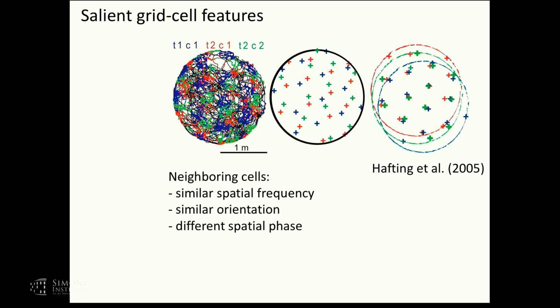If you mark the centers of the firing fields, in this case from these 3 cells with crosses, it's still a bit confusing. But if you move all green crosses and all blue crosses relative to the red crosses, you can get them in this shape, which means, as you had only moved them, not rotated, not scaled, that at least nearby grid cells have similar spatial frequency, similar orientation, but they differ in spatial phase. So that's one key property of grid cells.